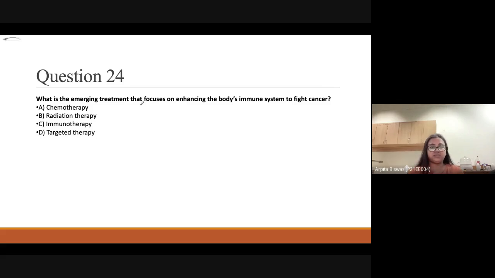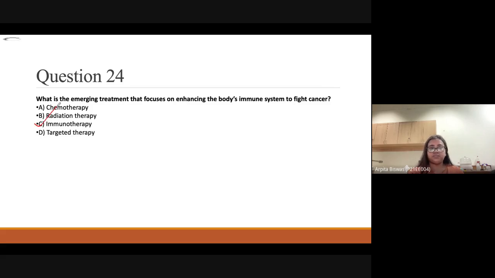So what is the right answer? So the right answer is immunotherapy.